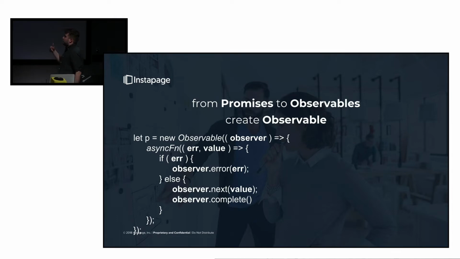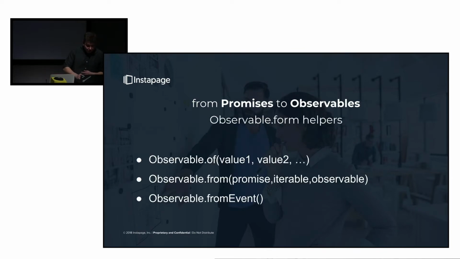But if you want to pass a new value, you use the next function, because as I told you before, observables can take multiple values. So I can use the next function like 10 times here in a loop, and events will keep coming to this observable. And at the end, I can complete it and make the stream ended.